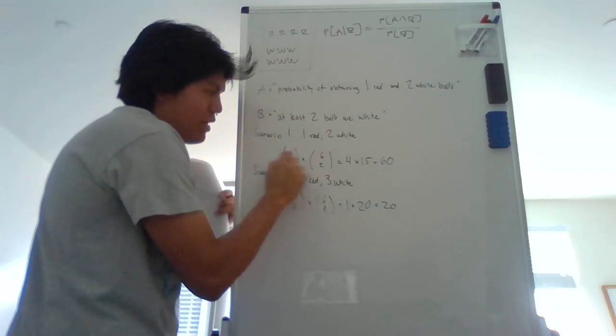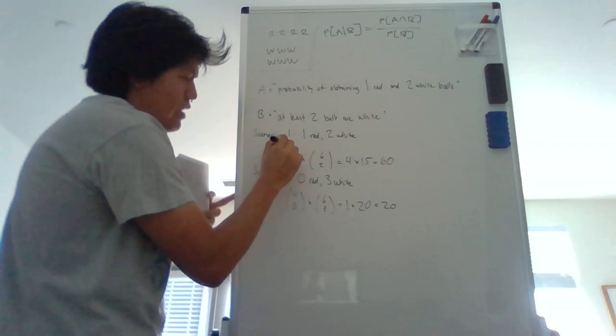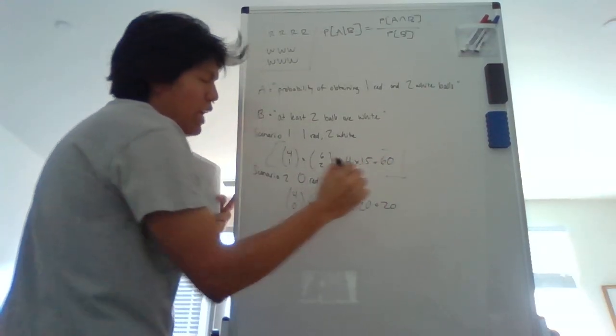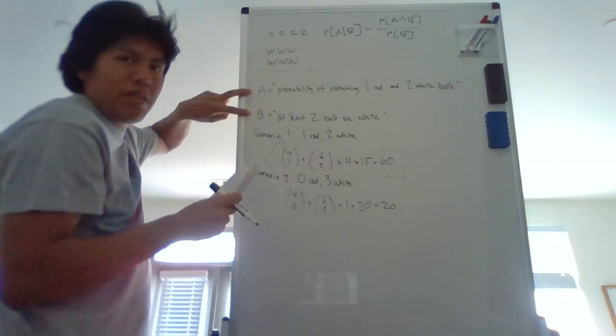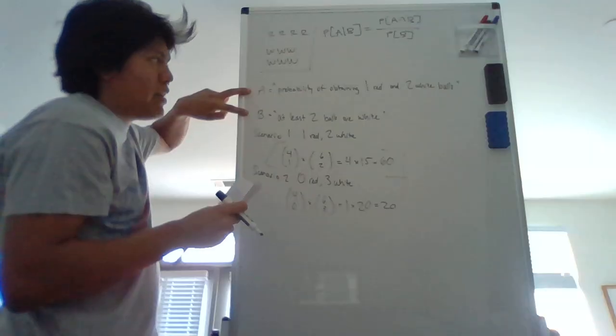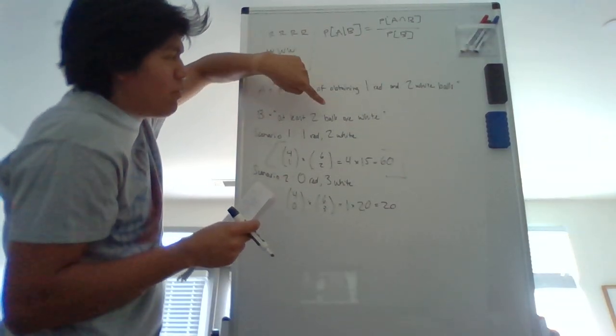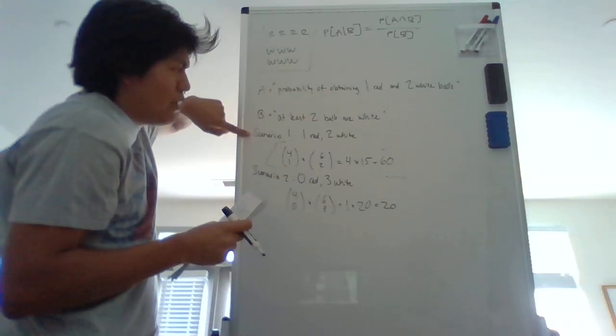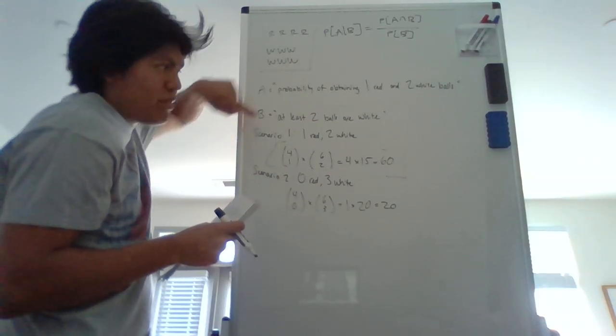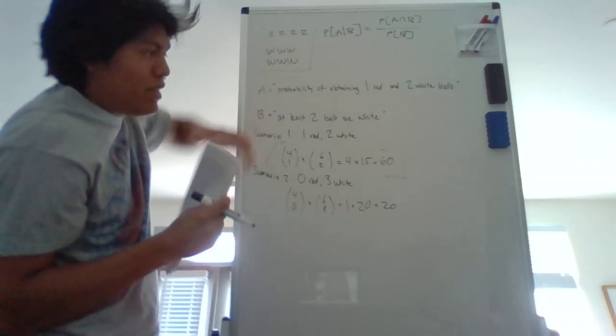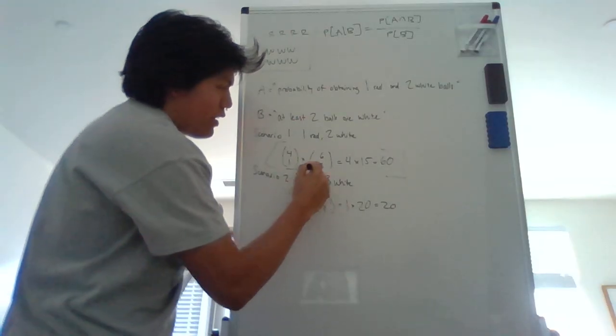So this right here answers both of these questions, right? Because the probability of obtaining 1 red and 2 white balls, and at least 2 of the balls are white, is pulling 1 red and 2 white balls, where at least 2 of the balls are white. So it's this right here again.